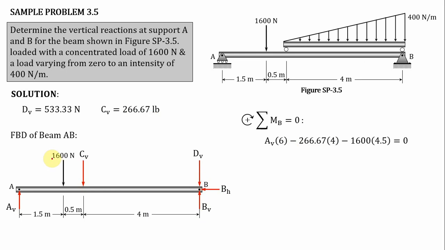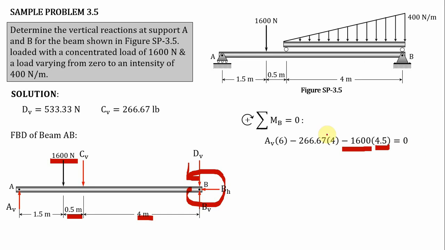Okay? And then, the last one is the 1,600 pounds. Yung 1,600 pounds will create a counterclockwise moment at point B. Okay, so that's why minus 1,600 Newton times the moment arm. That is equivalent to 4 meter plus 0.5 meter, and that is equivalent to 4.5 meter.